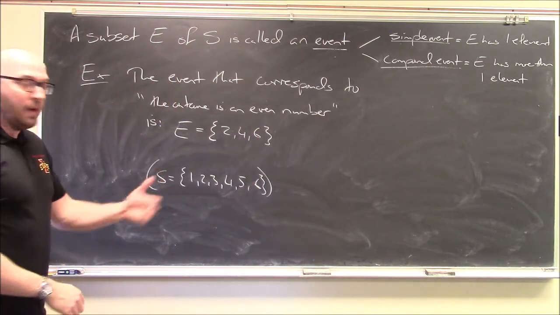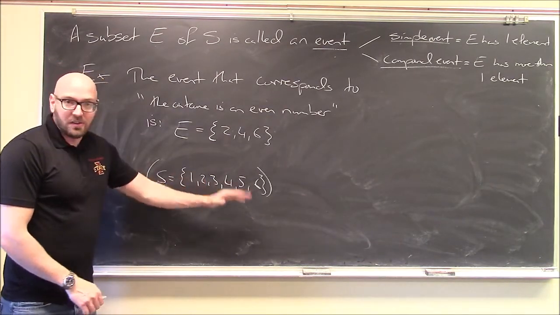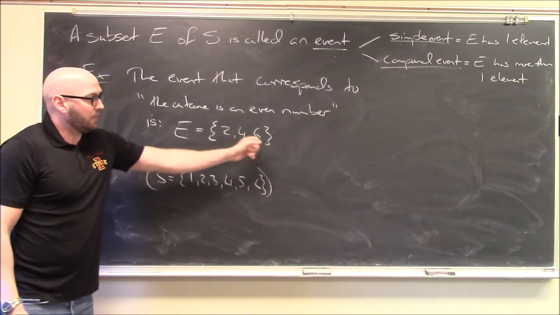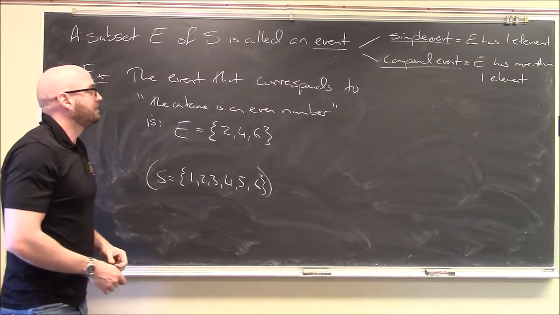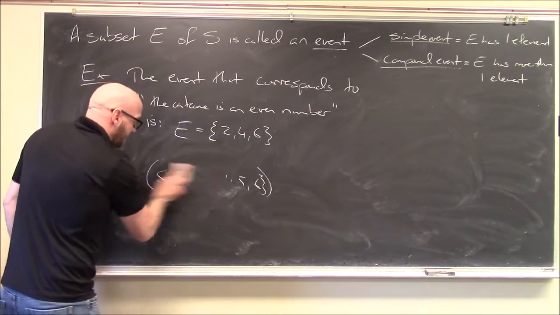Alright, so this is a compound event, but it's a subset of S. So any subset of S is called an event, and you can usually describe them with words. So this event, rolling a 2, 4, or 6, would be the event corresponding to you roll an even number. Alright, so now we want to jump into probabilities.